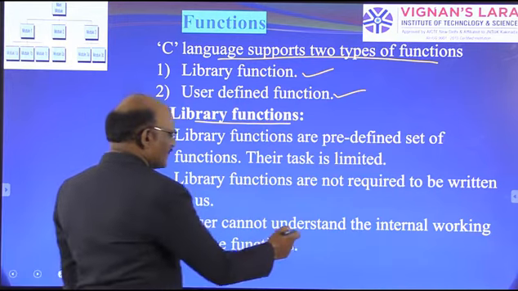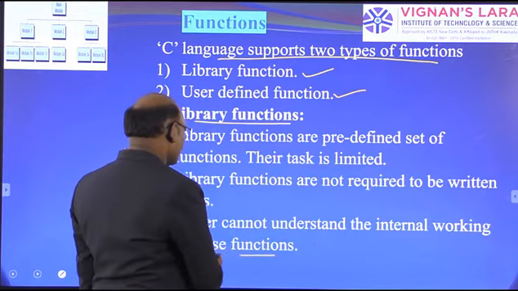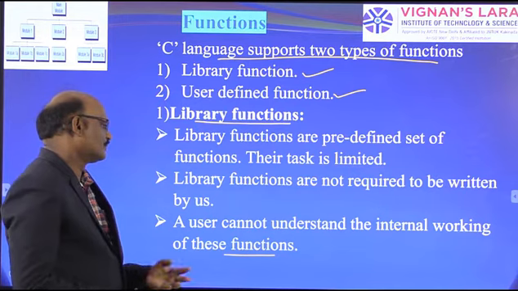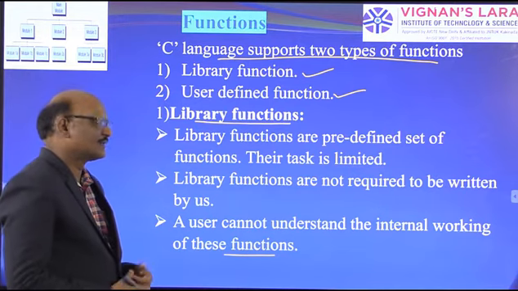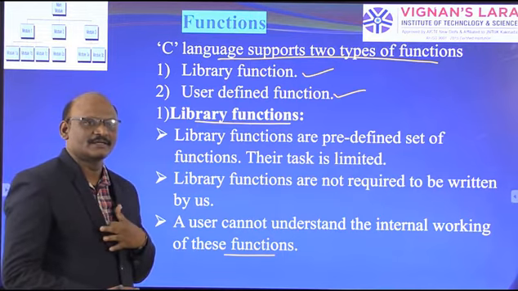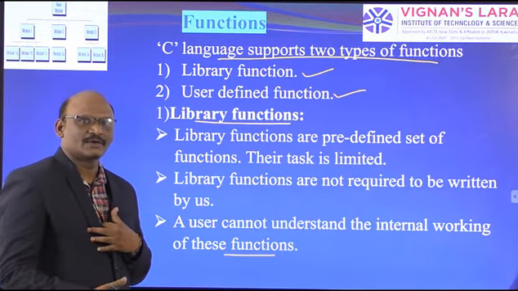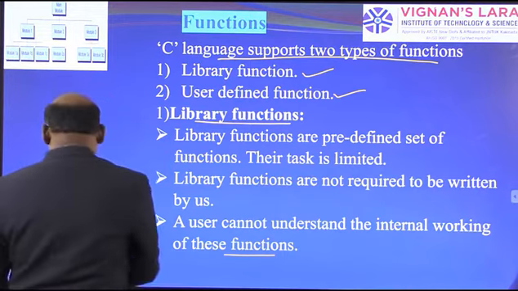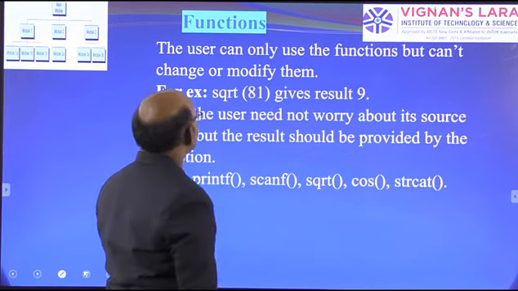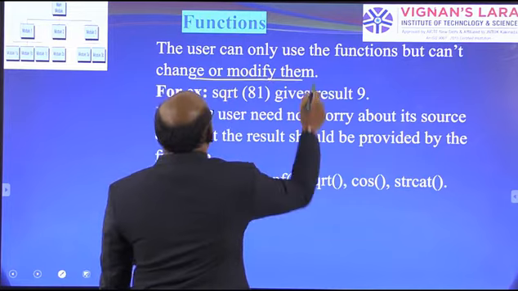A user cannot understand the internal working of those functions, and there is no need to. That function is already written. We can just use that code and perform the operations. That is about library functions. The user can only use those functions but cannot change or modify them.